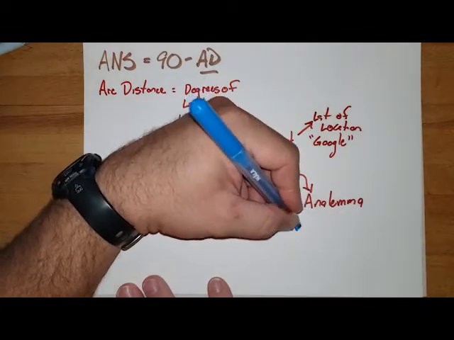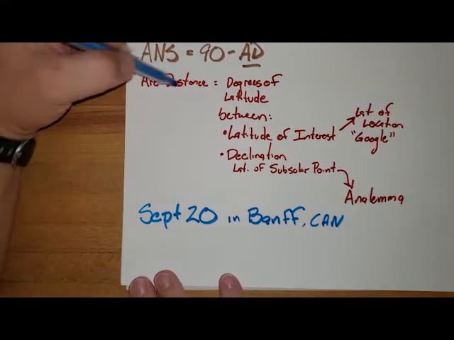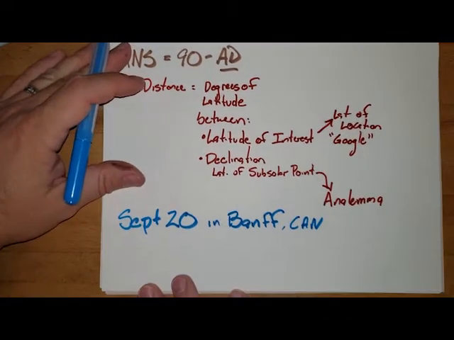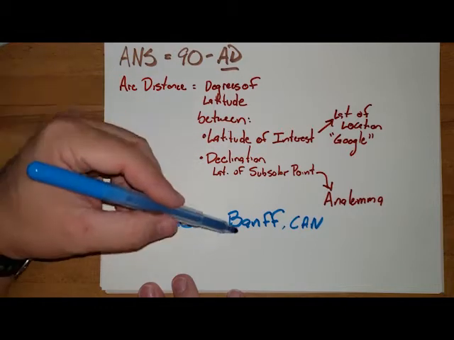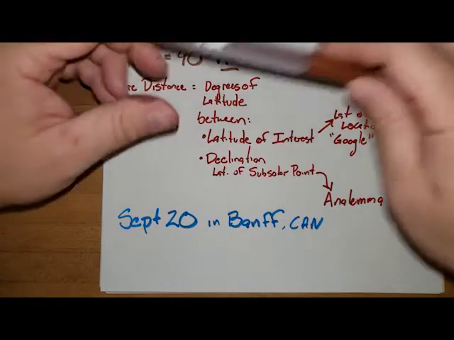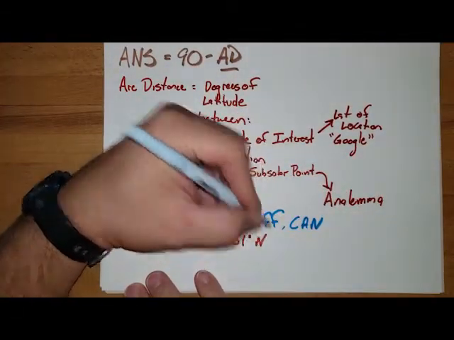Well, in order to get my arc distance, that's my goal, I've got to figure out the latitude for these two different places. The latitude of interest would be for Banff. So we ask Google: tell me the latitude of Banff, Canada. And Banff, Canada is at 51 degrees north.